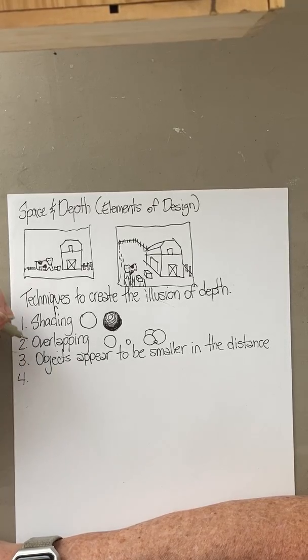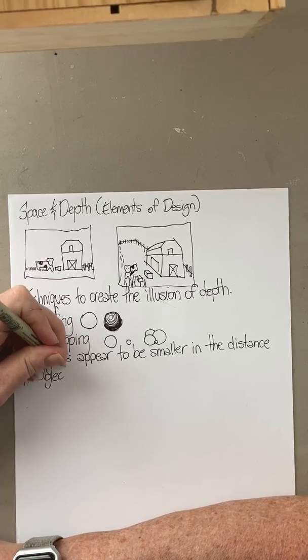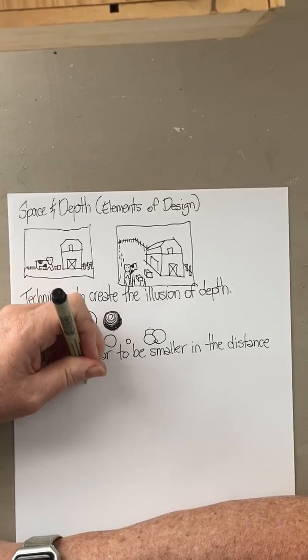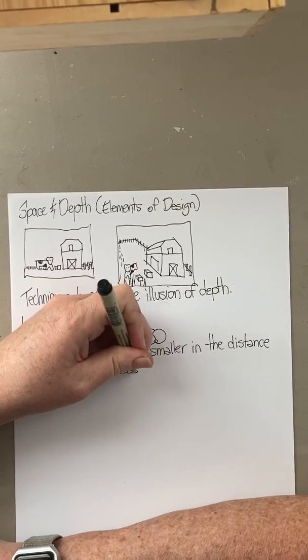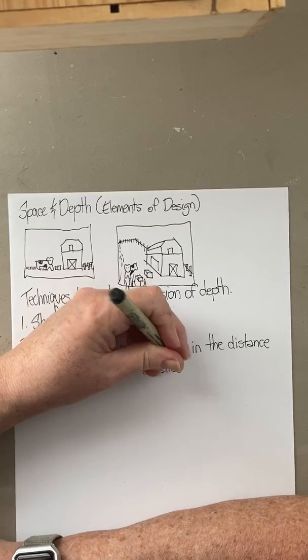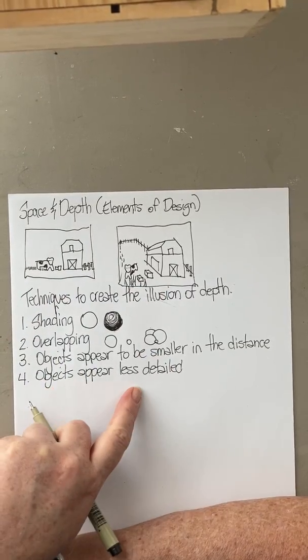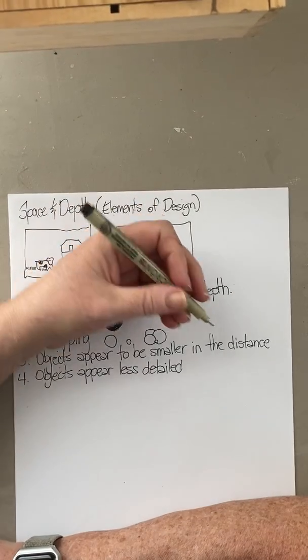Number 4, objects will appear to be less detailed. Again, remember, you can't stop at that. That doesn't say anything. Objects appear less detailed. You have to finish your thoughts.